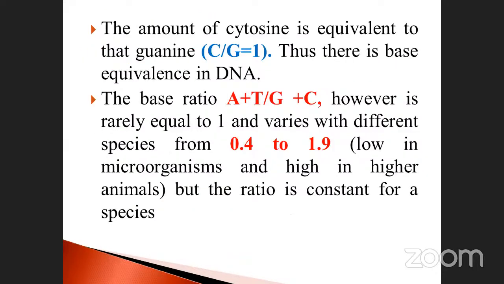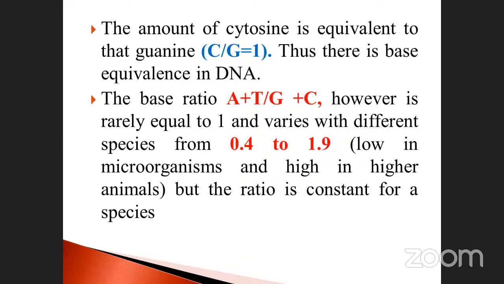See that one? The amount of cytosine is equivalent to the guanine, C by G is equal to 1. Thus, there is a base equivalence in DNA. Take any one DNA molecule, of animals or plants or whatever it may be, the adenine and thymine, guanine and cytosine are both equally present. Okay, you got it?